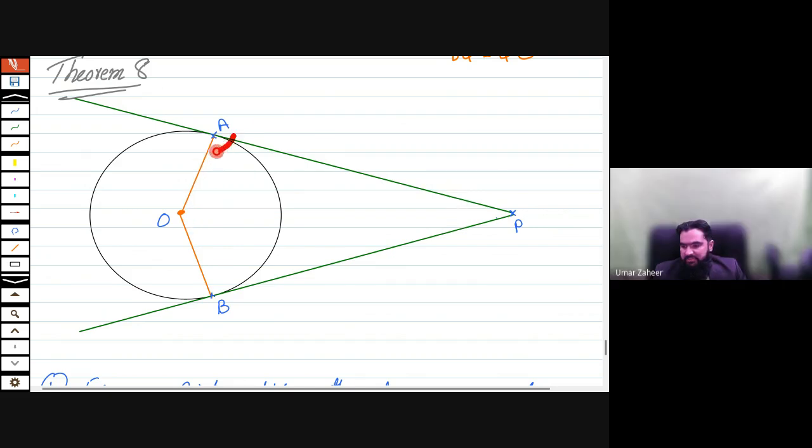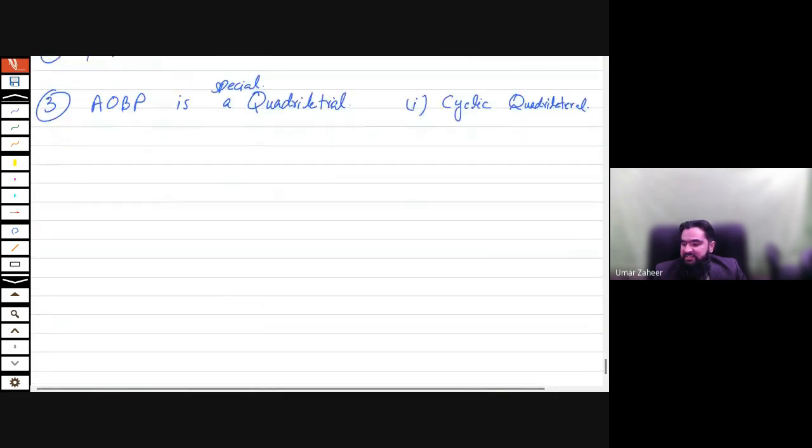If you take the sum of these two angles, it is equal to 180 degrees. So it is a quadrilateral, and a very special type. The first thing is it is a cyclic quadrilateral.